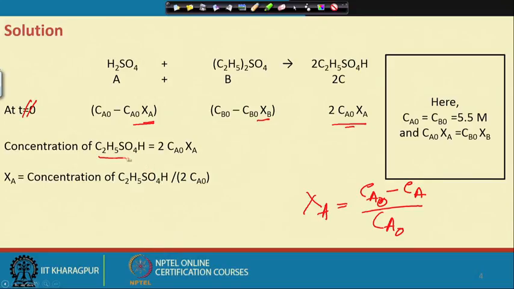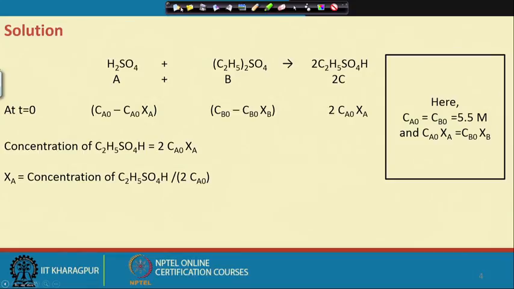The concentration of product can be expressed as 2 Ca0 into Xa. So Xa is the concentration of ethyl bisulfate divided by 2 Ca0, because this is Ca0 and it is equimolecular, so we consider Xa as the ethyl bisulfate divided by 2 moles of initial substrate concentration.